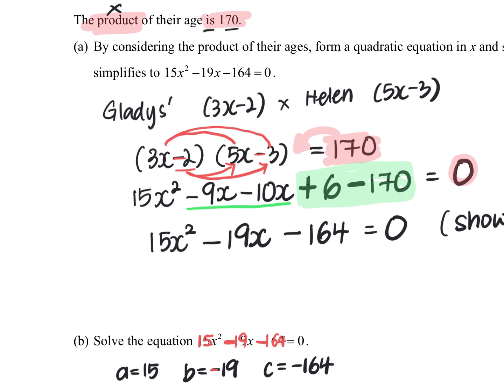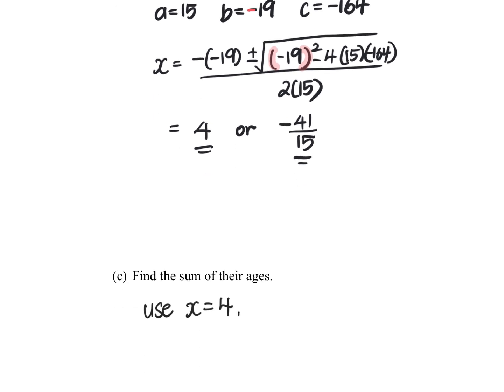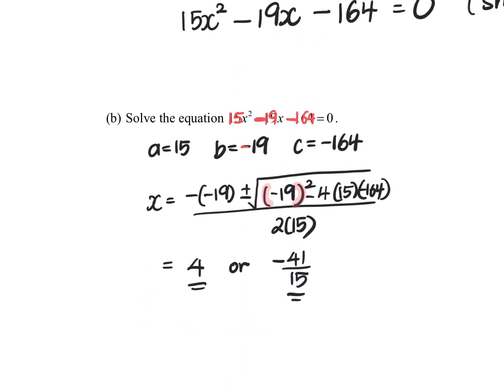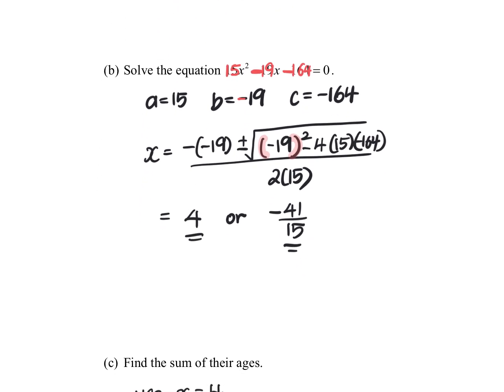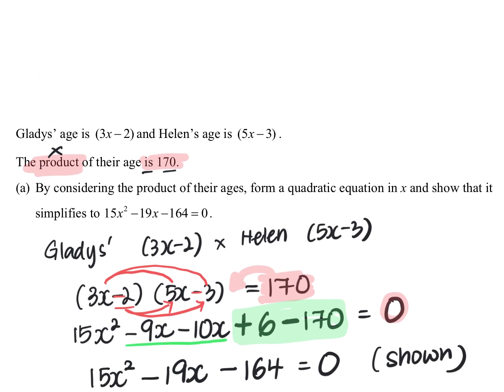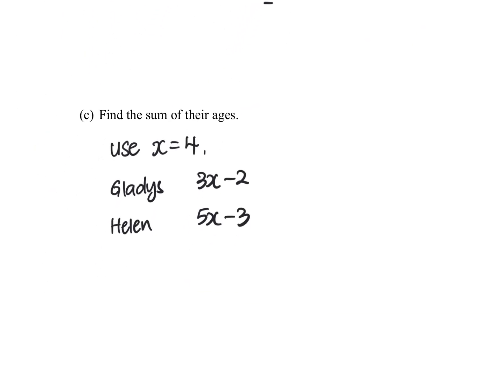First one, Gladys is 3x minus 2. Helen is 5x minus 3. Is it correct? Yes. So now I'm going to plug the number in. x now changes to the number 4.